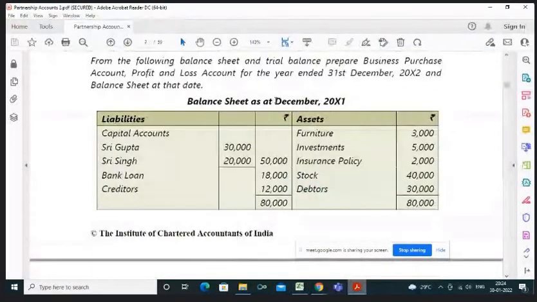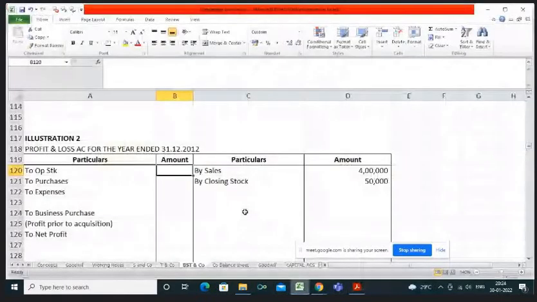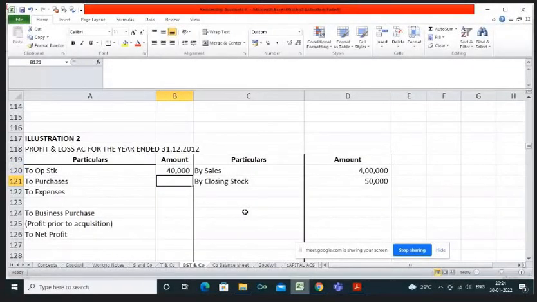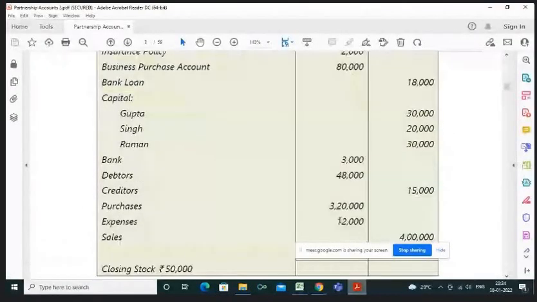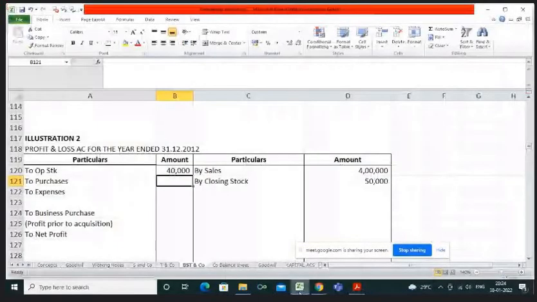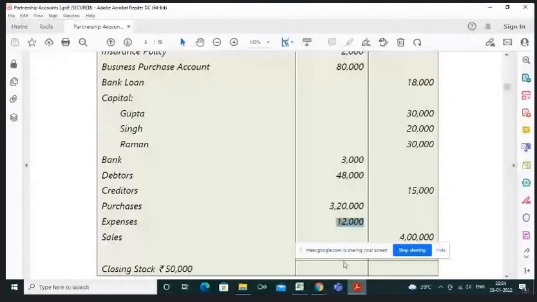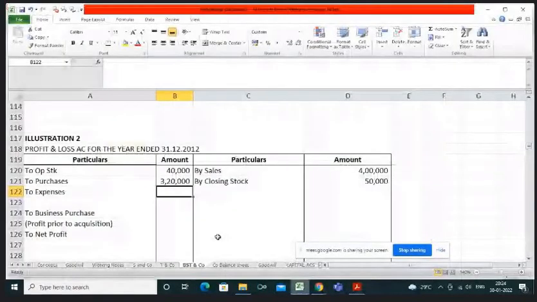I have to look for opening stock. Where will it be? They have given the balance sheet as on 31st December 2011, so this is the opening stock: 40,000. And then I have purchases. How much purchases have I made? 3,20,000.